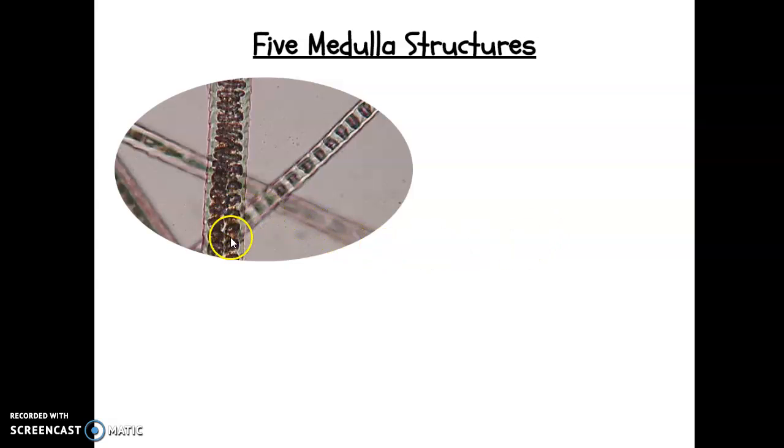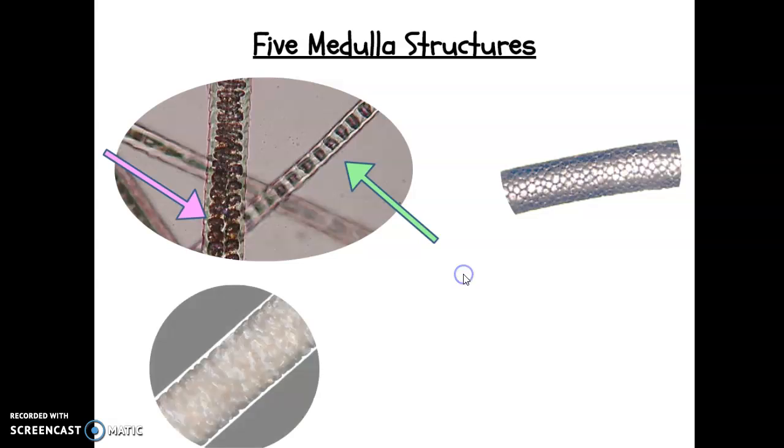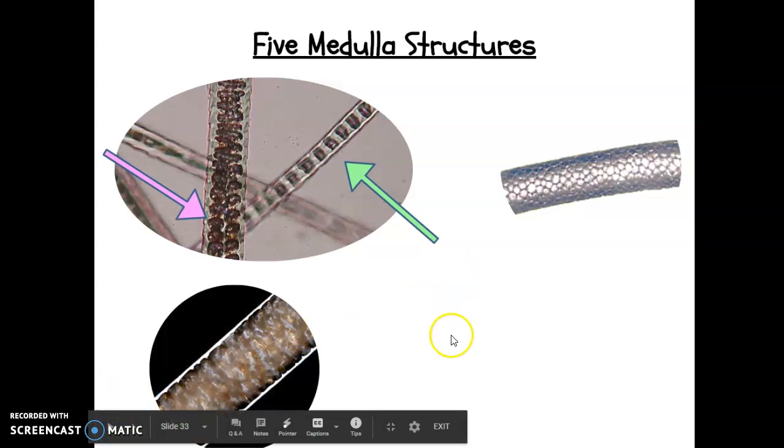If you look here, it looks like we have a uniserial and then a multiserial. The purple area is the multiserial and the green arrow is the uniserial. And then you can see this looks like a lattice. It looks like the bubbles. I'll go back and look.